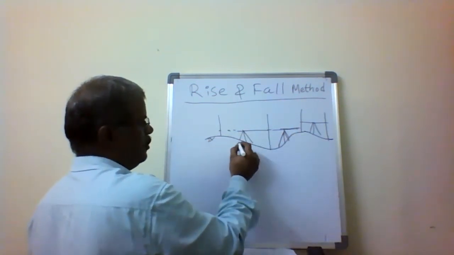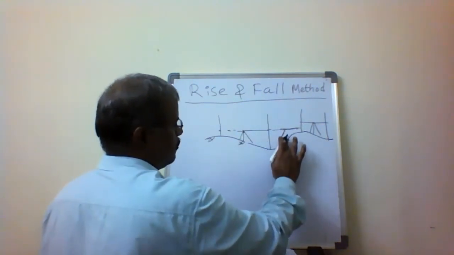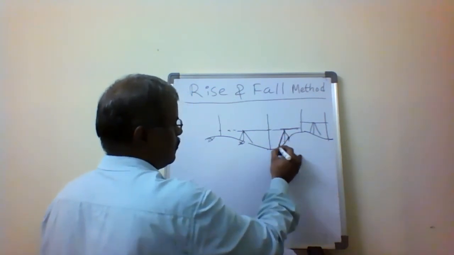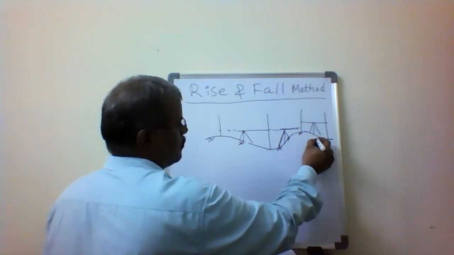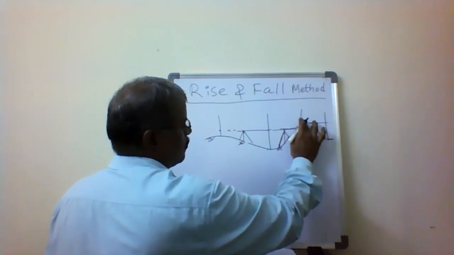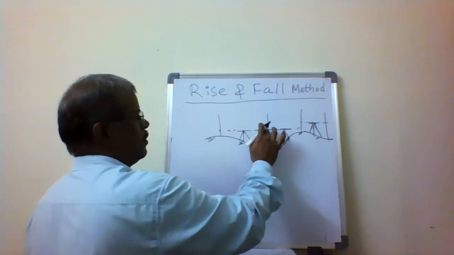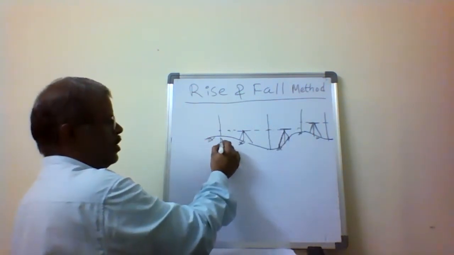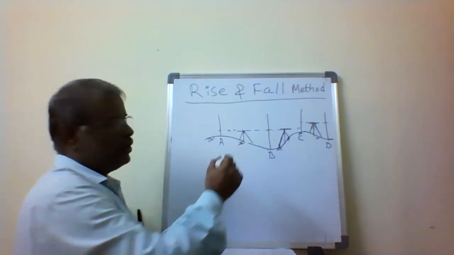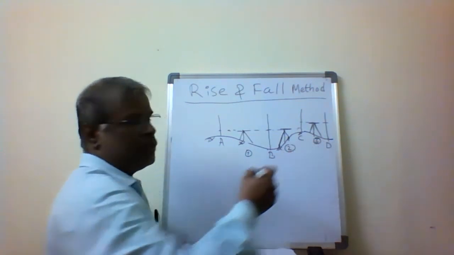This is the ground level. So this is point A, point B, point C, and point D. Now this is the level at the first, second, and third instrument points; three positions are there.